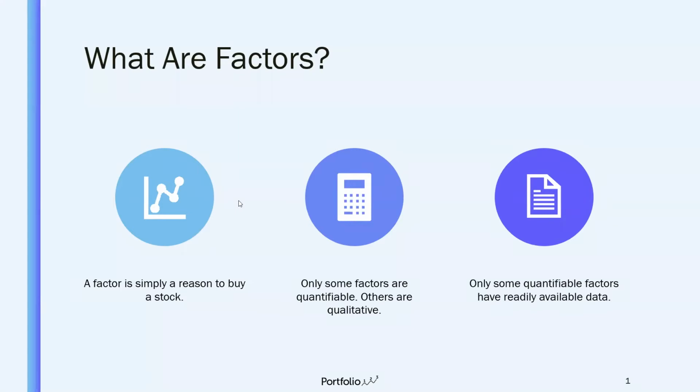And only some quantifiable factors have readily available data. For example, you can get the book value of a company from its financial statements. But that's just the book value. That's not the market value of its fixed assets.